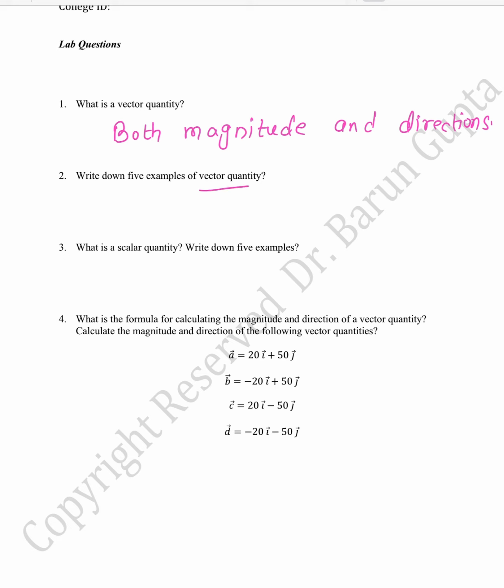The 5 examples of vector quantity: force is one example, acceleration, the acceleration due to gravity, electric field, and the magnetic field. These are examples of a vector quantity.